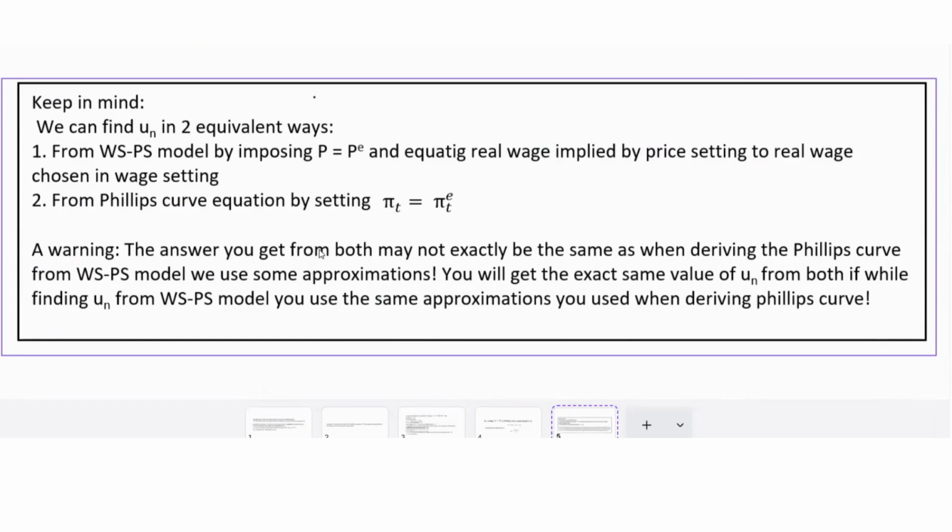You will get the exact value of UN from both methods, because they are equivalent, but only if, while finding UN from the WSPS model, you use the same approximations you used when deriving the Phillips curve.